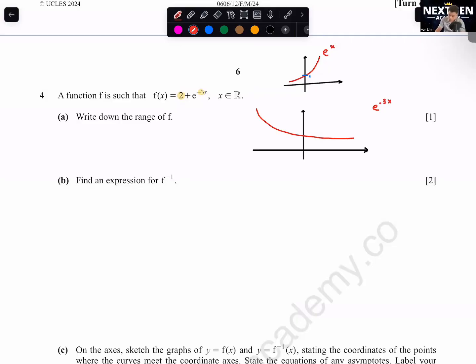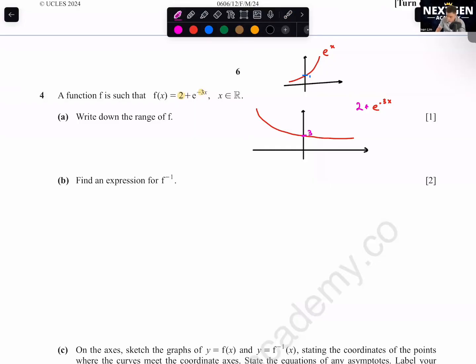Then the next thing, plus 2. What does this plus 2 do to the equation? Plus 2 means the whole graph shifts up by 2, same as when we did the trigonometry one, the vertical translation. Will it affect the intercept and asymptote? Yes. The original intercept is 1; now the whole thing shifts up by 2, so this becomes 3.